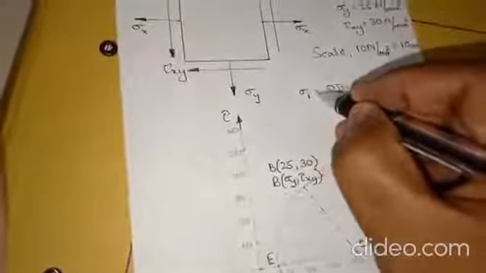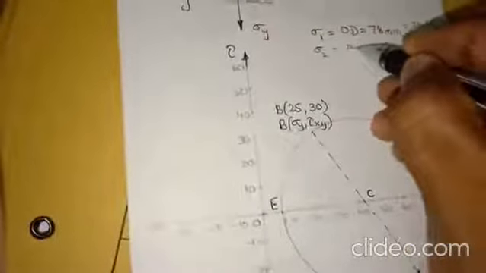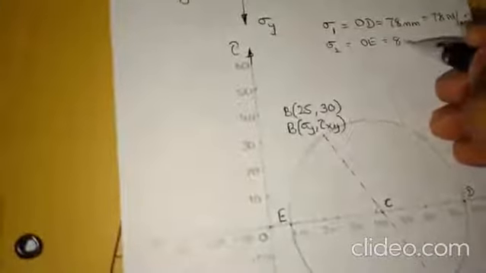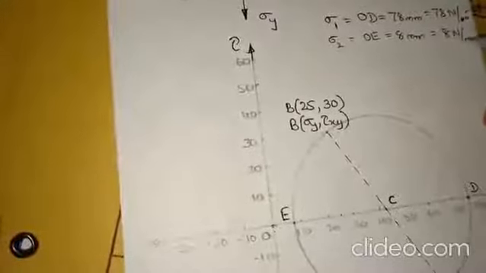Since this is the maximum, it represents sigma 1, because only sigma we are plotting along the x-axis. So principal stress sigma 1. Similarly, OE represents sigma 2. OE is about 8 mm, so it represents 8 Newton per mm square, plus sign.